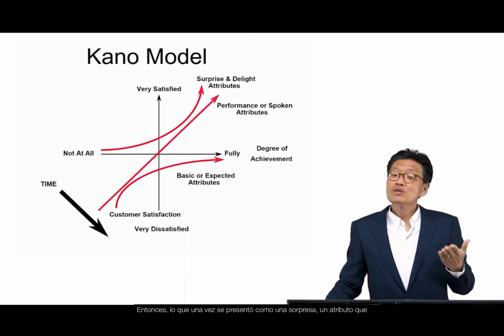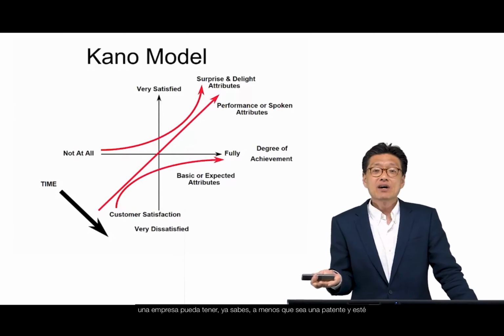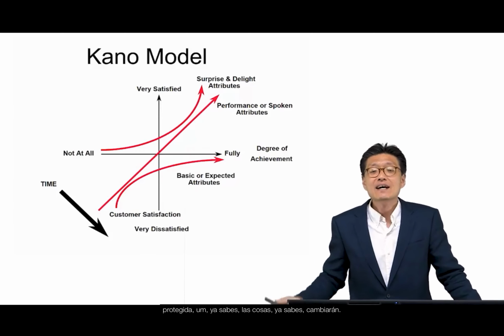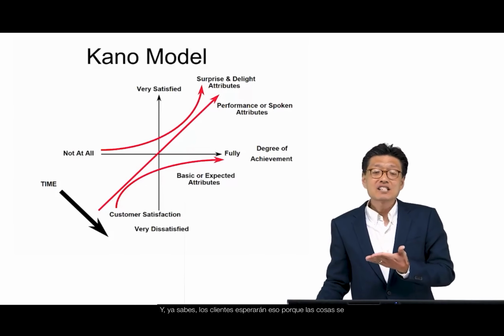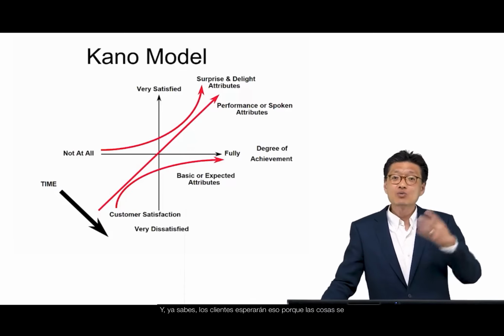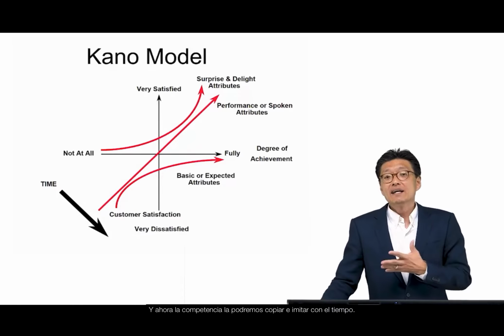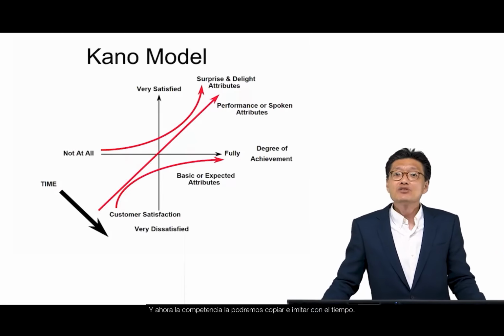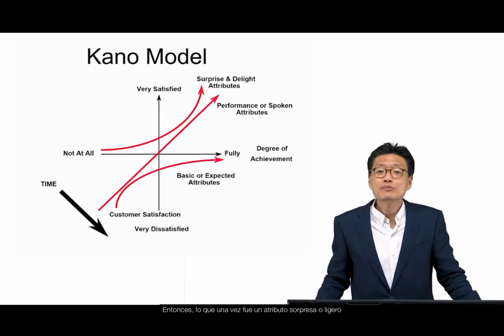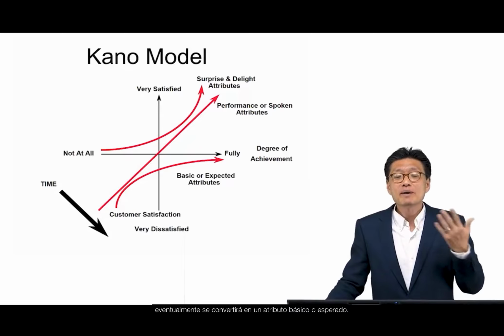So what was a surprise or delight attribute that one company may have, unless it's patented and protected, will diffuse in the market, customers will come to expect it, and the competition will be able to copy and imitate it. So what was once a surprise or delight attribute will eventually evolve into a basic or expected attribute.